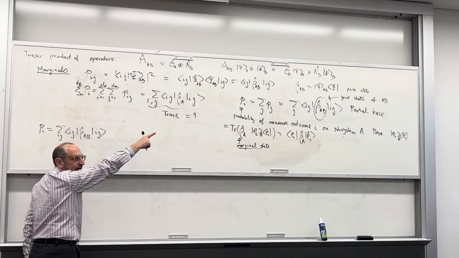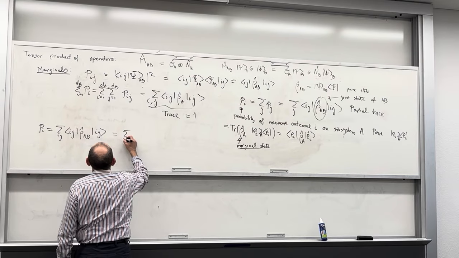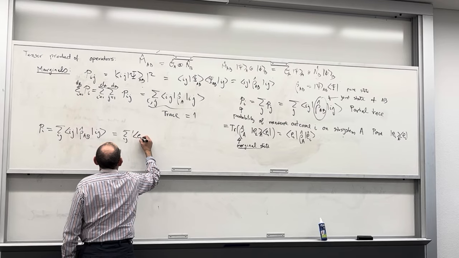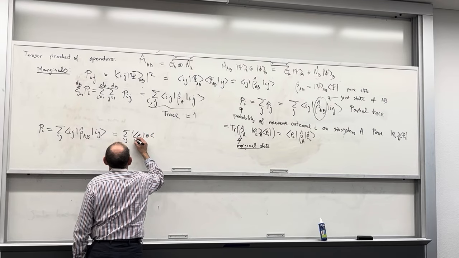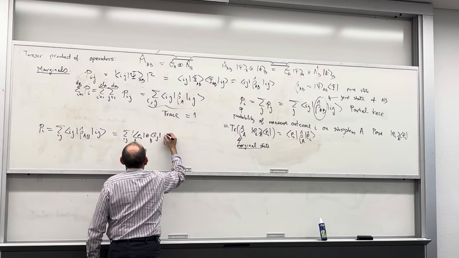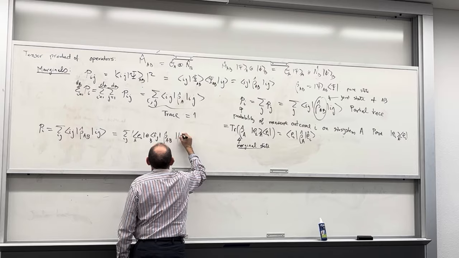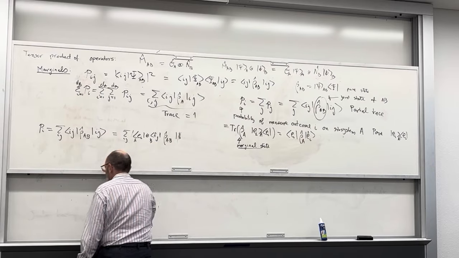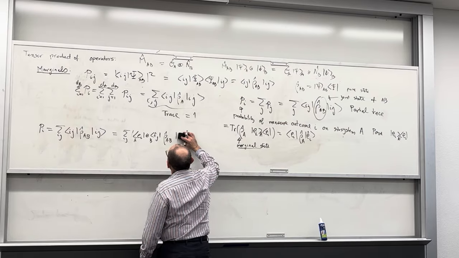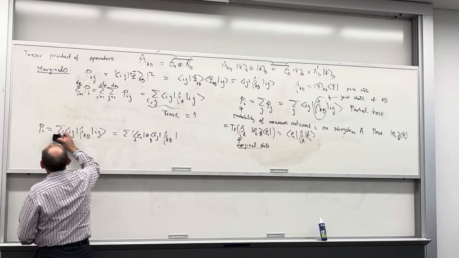But that is equal to the sum over i,j of E_i tensor F_j rho_AB. It's just the sum over j, right? Excuse me, yes. Thank you.